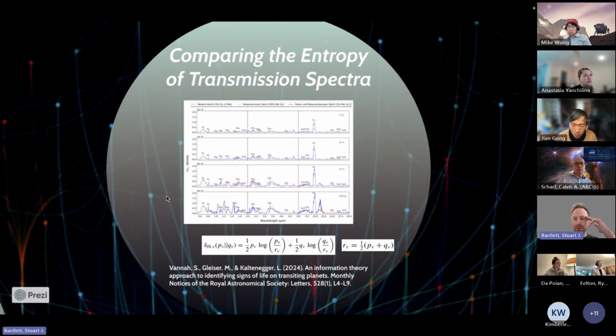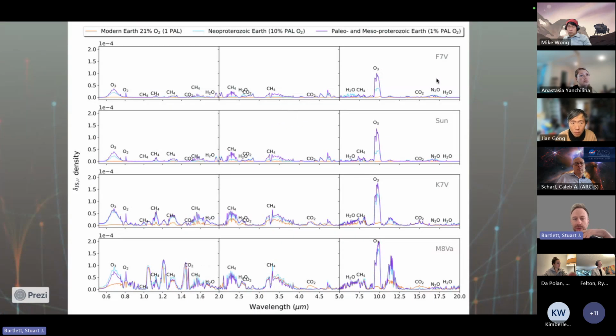What they basically do is take exoplanet transmission spectra and compare pairs of them, primarily between the one we're most familiar with, which is of course Earth in the modern era, and Earth in the distant past, or Earth if it had a different type of host star. And as we can see, we get differences in the exoplanet transmission spectrum that you would see.